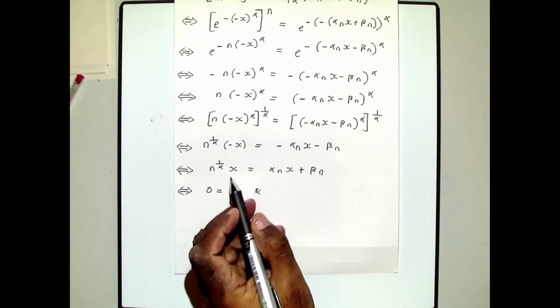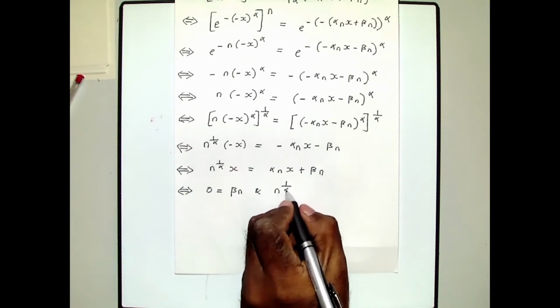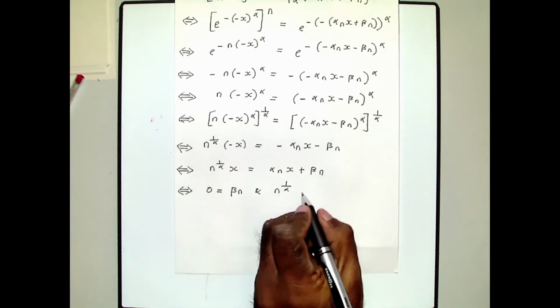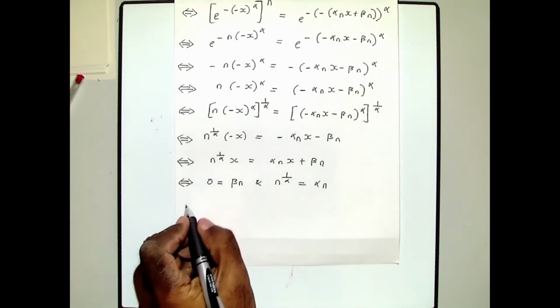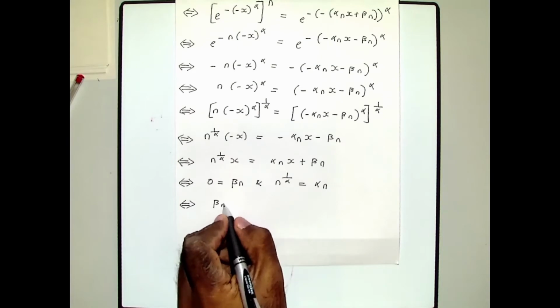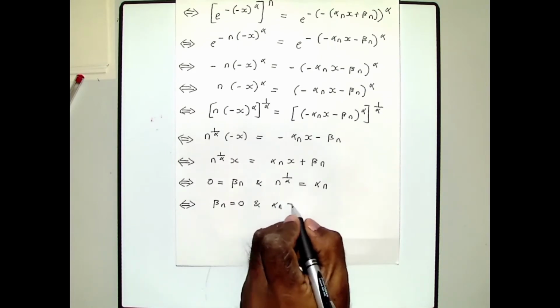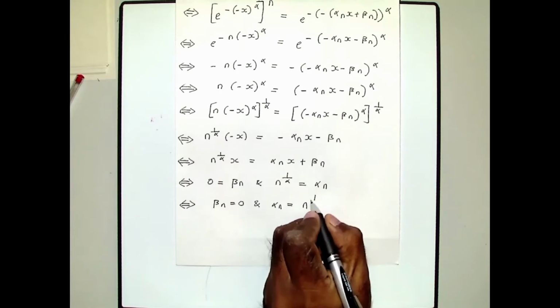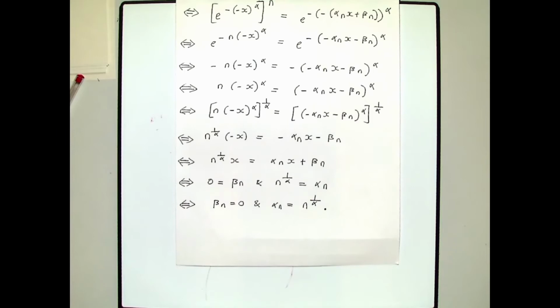The coefficient of x on the left hand side is this, and the coefficient of x on the right is this. So we have proved that beta n is 0 and alpha n is this. So we have proved question 6.